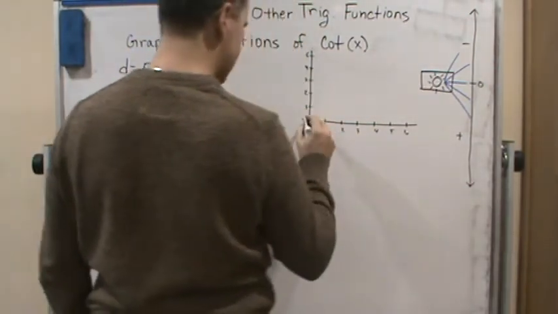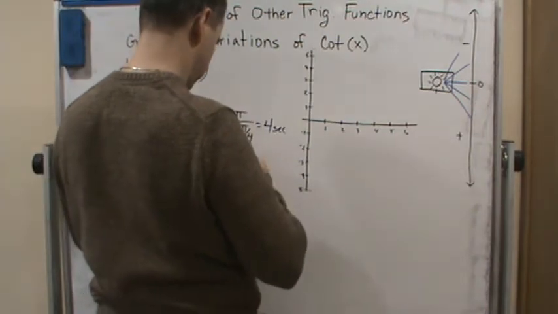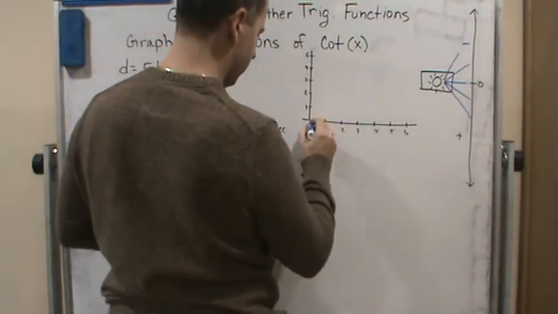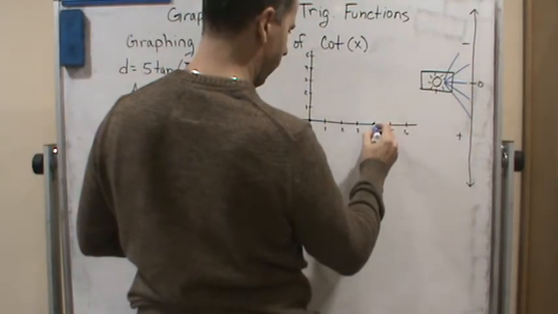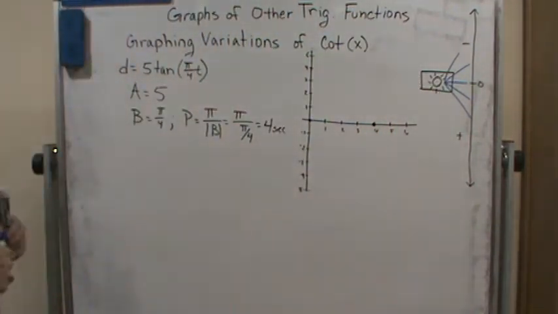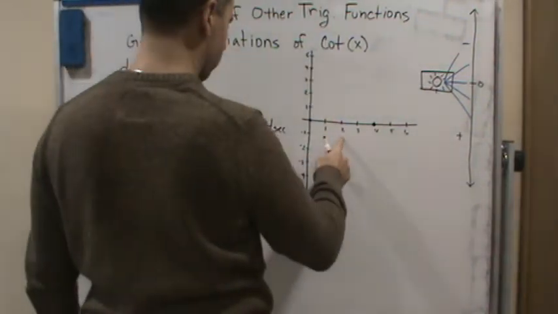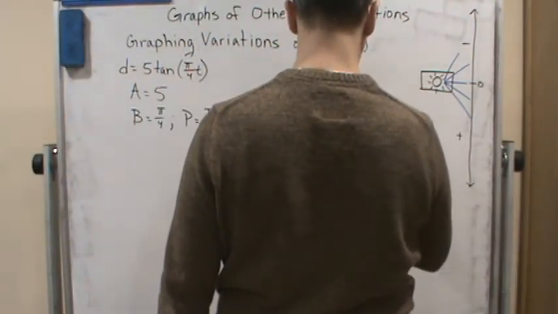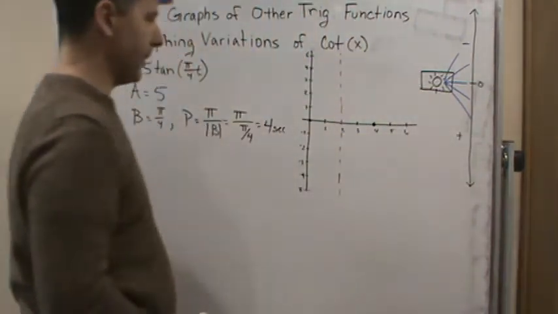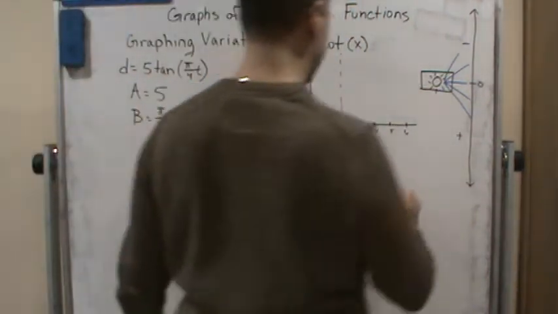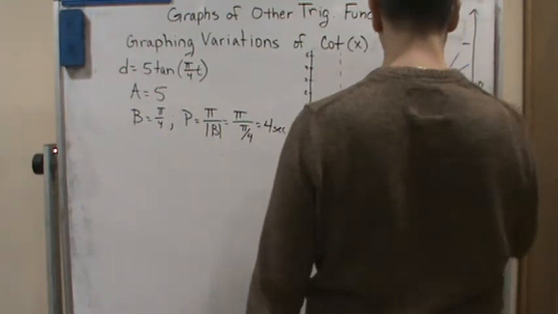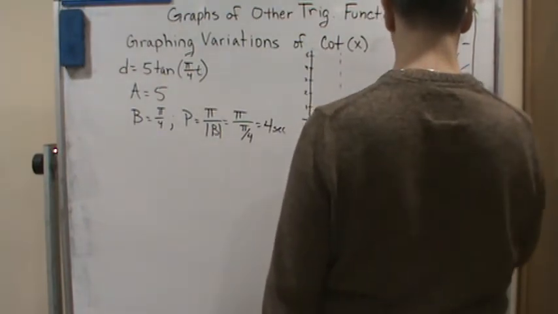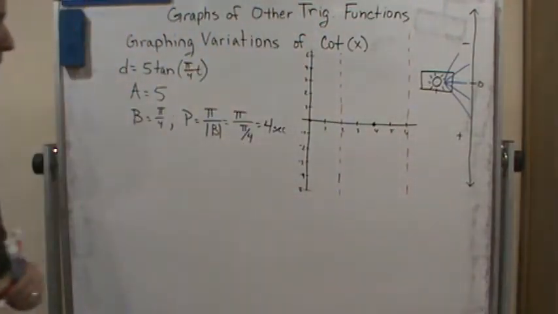So we have 0 here, and it's going to be 0 again at 4. Now the asymptotes are going to be halfway between that, so in this case at 2. It's also going to be at 6, but we're only graphing until 5. That's all they want.